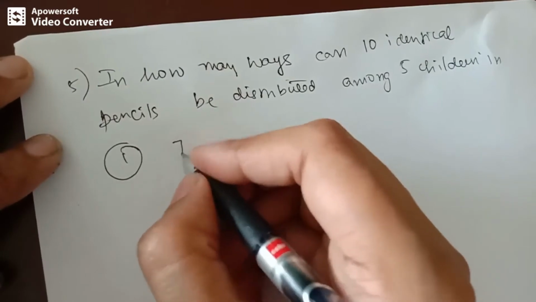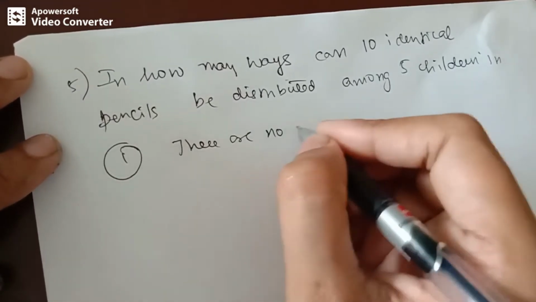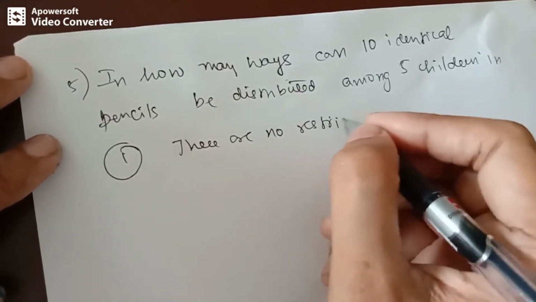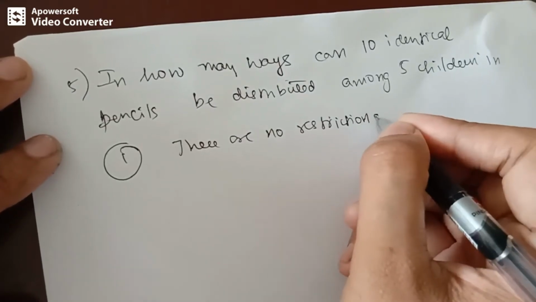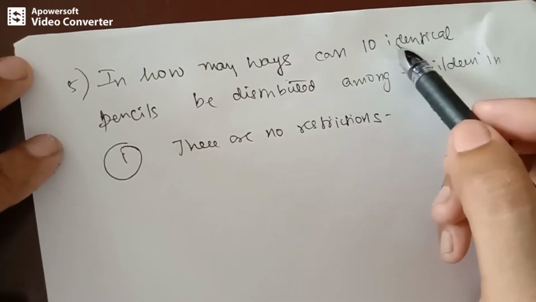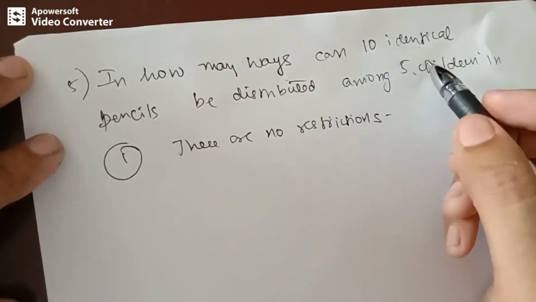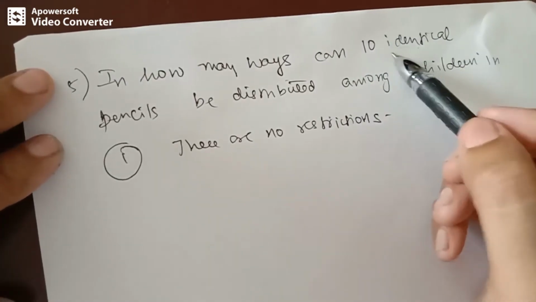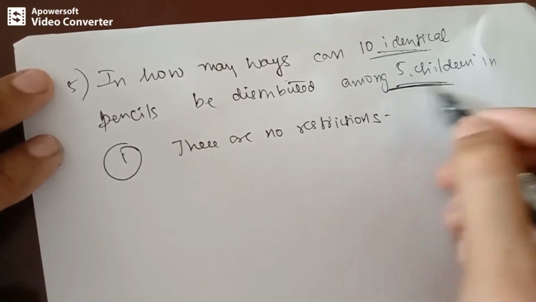The constraint in the first case is that there are no restrictions, so that means anybody can get the pencil. But the concept is you have to distribute 10 identical pencils among 5 children.